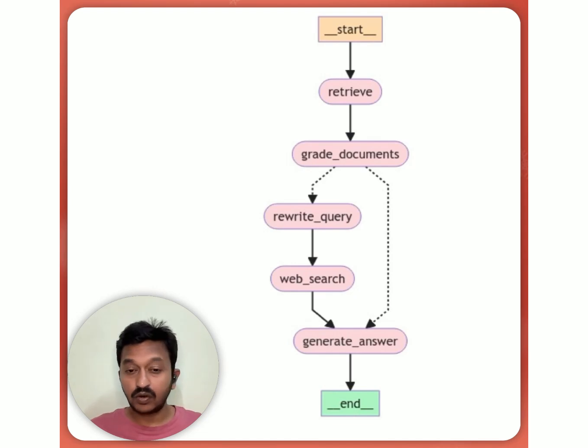Until you get a proper contextually relevant response or answer back for any query. So such a cyclic logic can be implemented using LangGraph. And this is just a simple example. A lot more can be done using LangGraph.